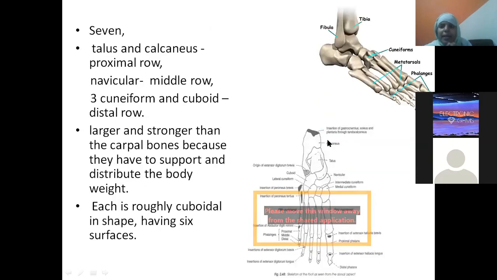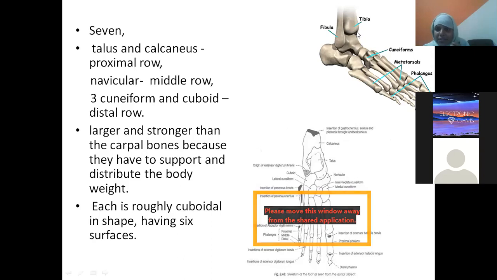Again, I am taking you to this bone. The lower end of the tibia is the medial malleolus. The lower end of the fibula is still lower down, around 1.5 centimeters down almost. This is the lateral malleolus. The lateral malleolus comes in contact with this larger triangular articular facet.